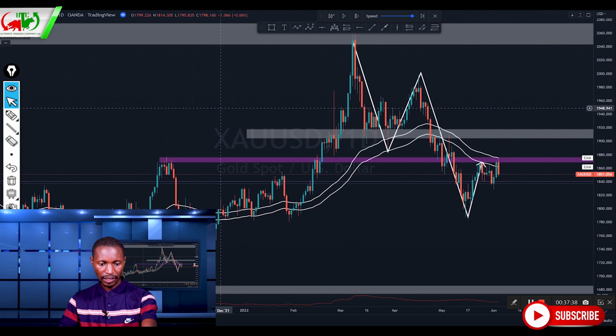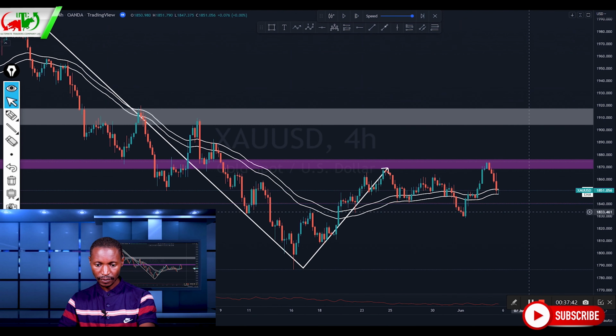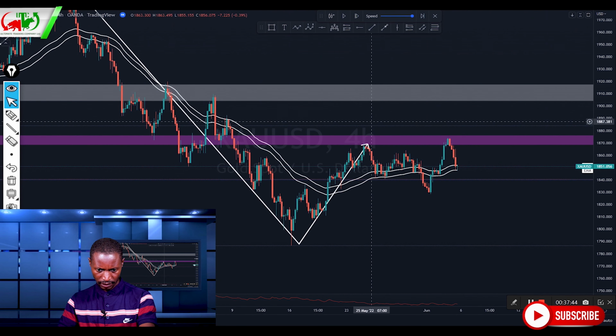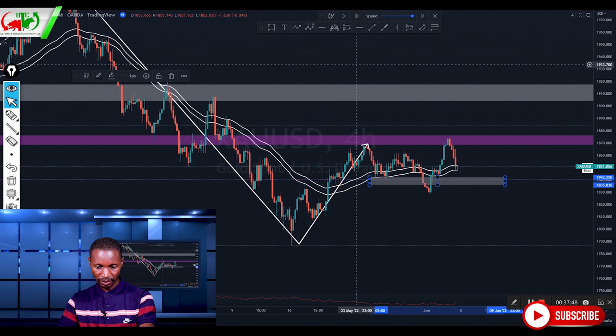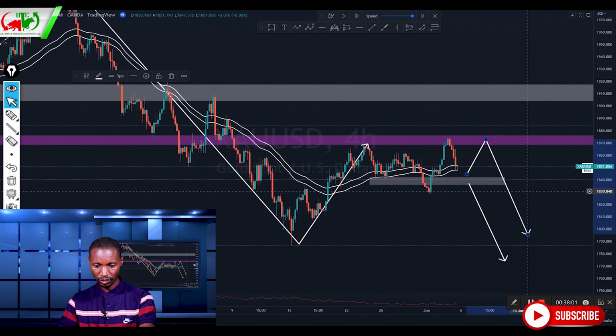So the idea was that if gold breaks below this minor support, you could continue looking for selling opportunities, or if it continued higher and made a new higher double top, you could look for a sell opportunity. The last option was to see gold pushing up to this major area and then sell.